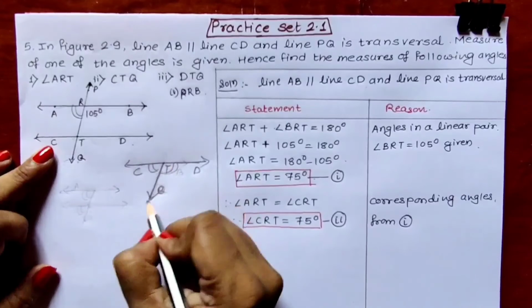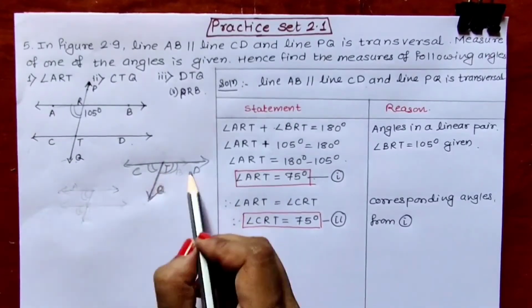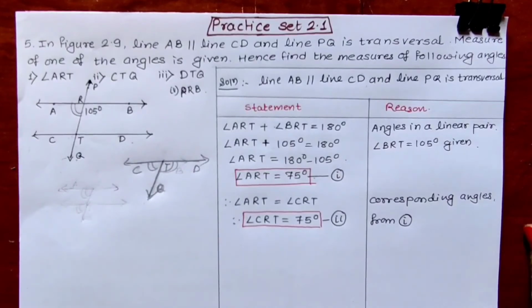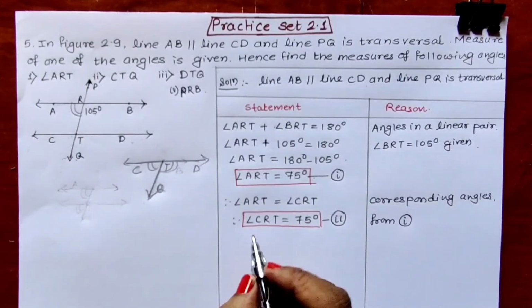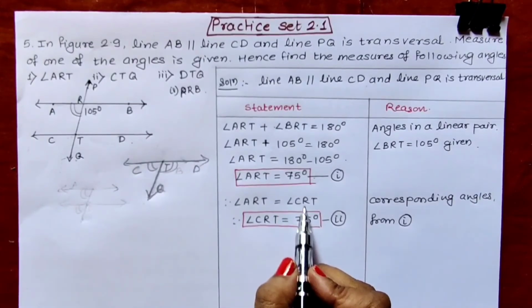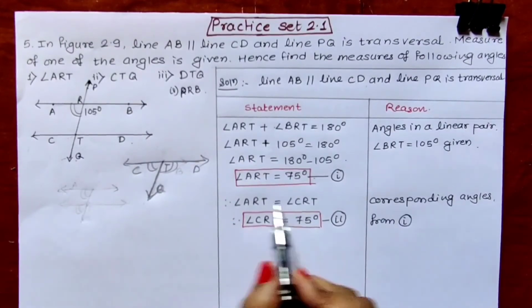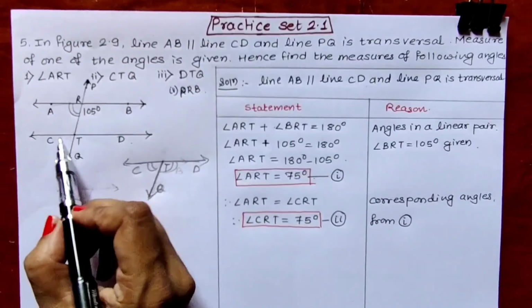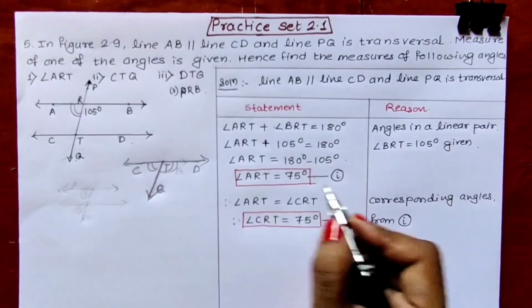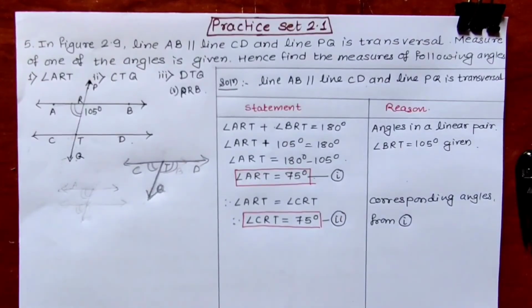They are separated by one ray. That means they are angles in a linear pair, and angles in a linear pair are always supplementary. Here what I have written, CRT, it should be CTQ. It is not CRT, it is CTQ.